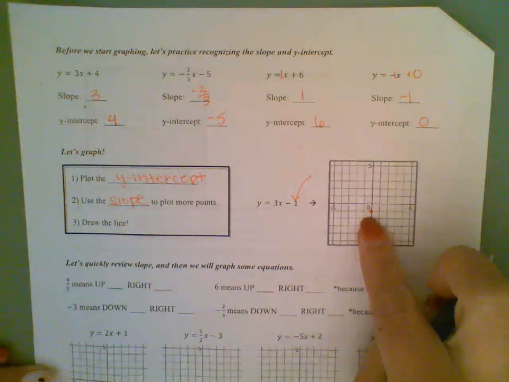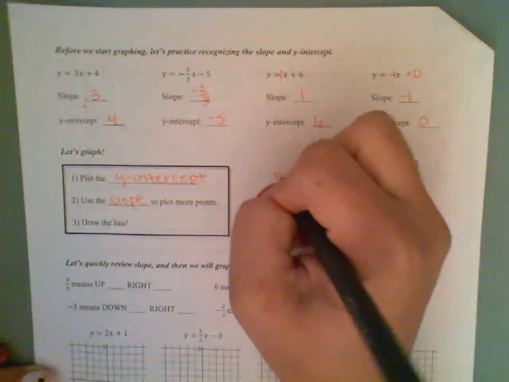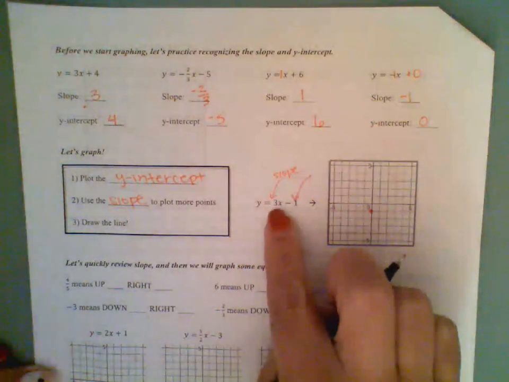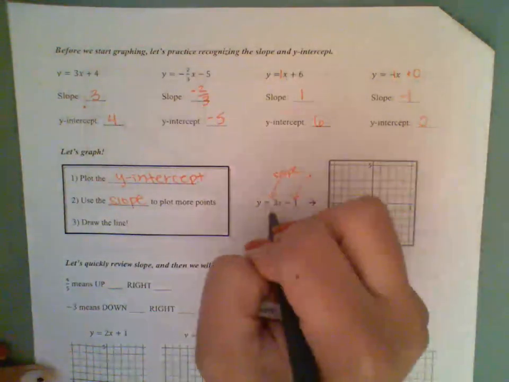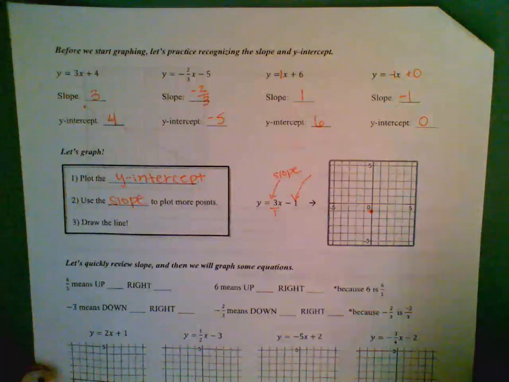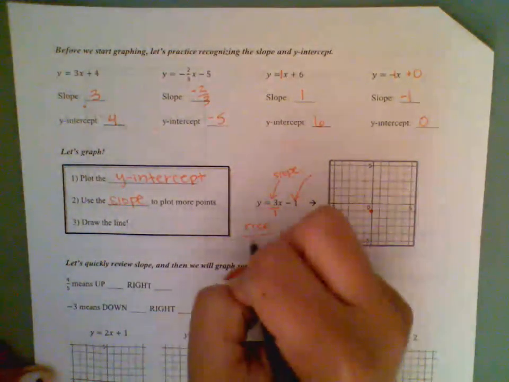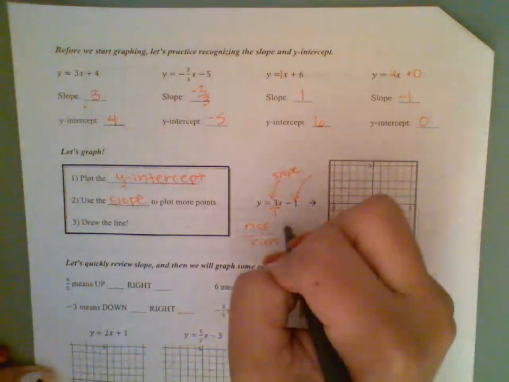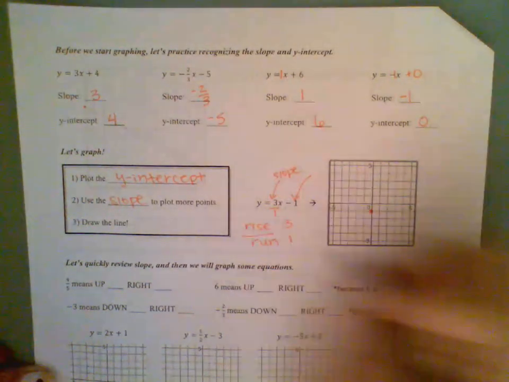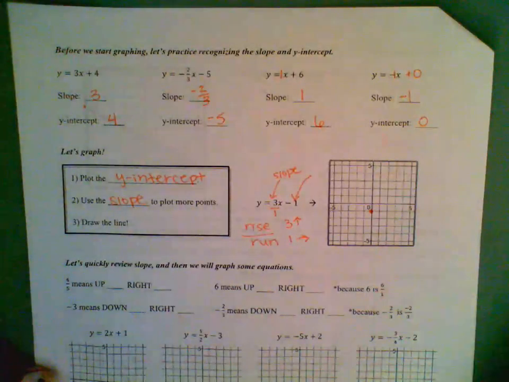So that's our first point. Then this is my slope, and it's a whole number, so you can always put a whole number over 1. Remember it's rise over run, so we're rising 3 and running 1. We're going up 3 and to the right 1.